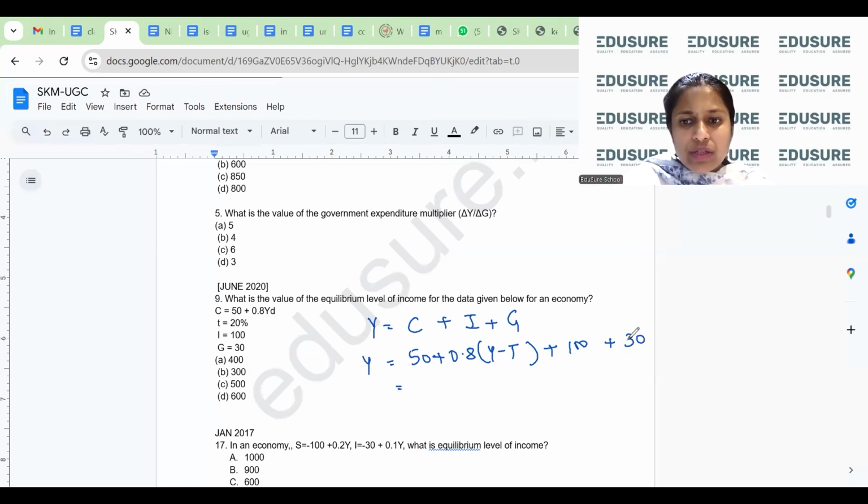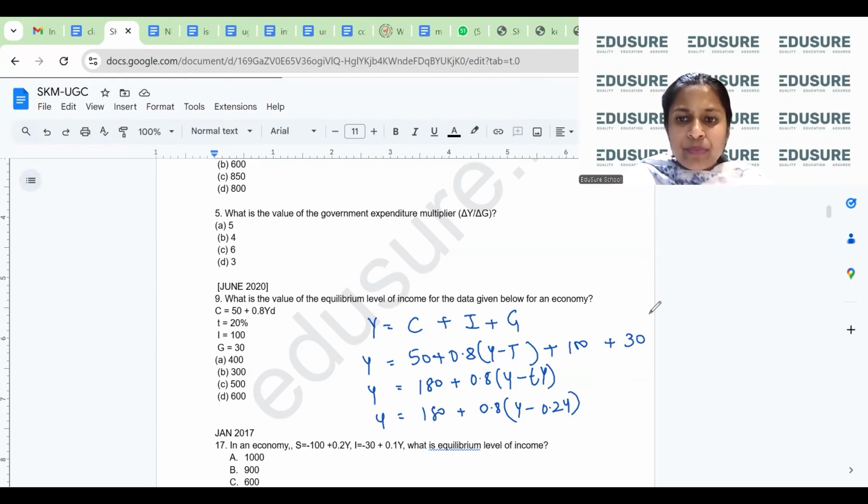So this is 100, 130, 180 plus 0.8 times Y minus T. T is given as 20%, so 20% is actually TY. So we can put TY here. And this is going to be 180 plus 0.8 times Y minus T, which is 0.2Y.